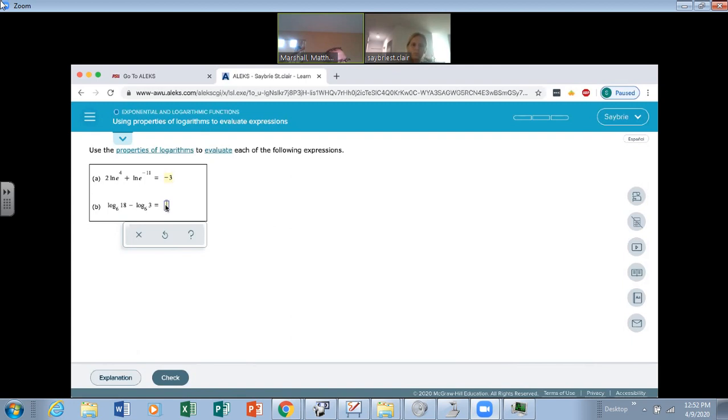Log base 6 of 18 minus log base 6 of 3 is the same as log base 6 of 18 over 3, which is log base 6.